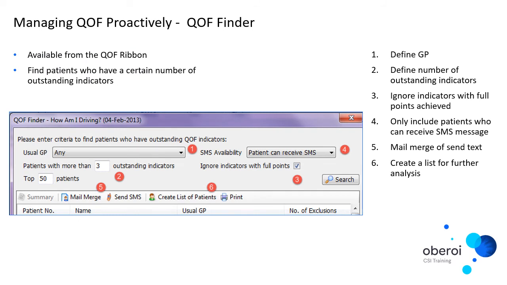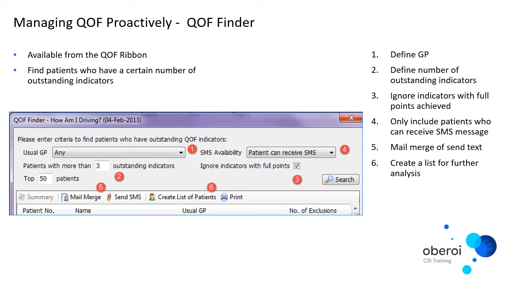You can also manage QOF proactively. You can look for the QOF finder, which is available from the ribbon menu, and it'll find patients who have a certain number of outstanding indicators. So you can define the GP, so you can have a different list for each GP. You can define the number of outstanding indicators.